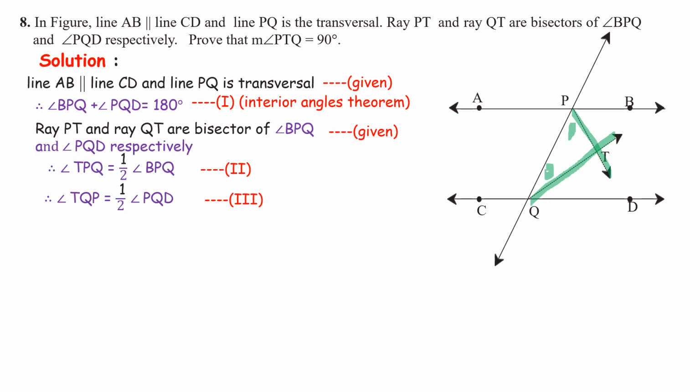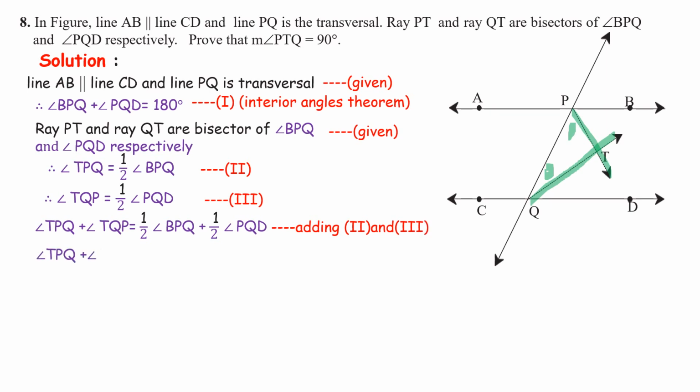Now we add 2 and 3. Angle TPQ plus angle TQP is equal to half into angle BPQ plus half into angle PQD. Adding 2 and 3. Left hand side as it is. Here we take 1 upon 2 common: 1 upon 2 into bracket angle BPQ plus angle PQD.